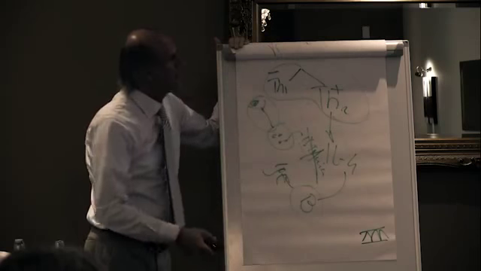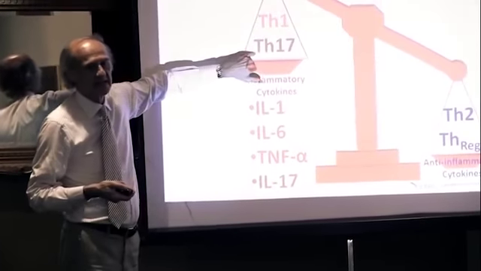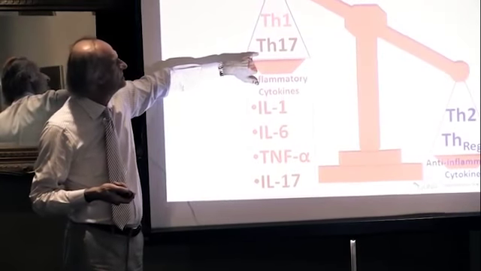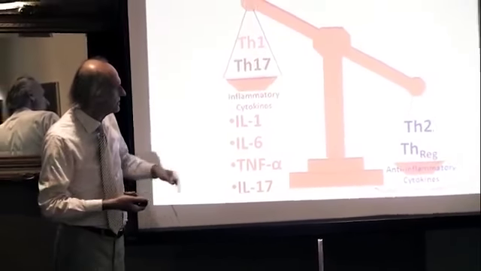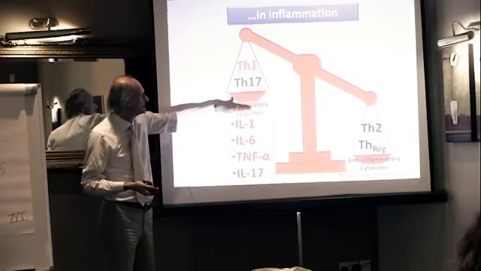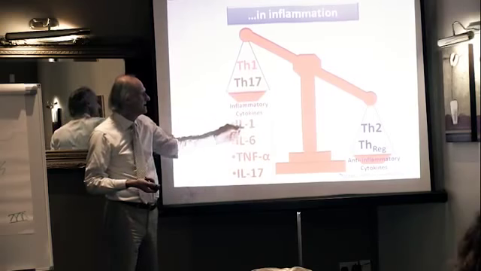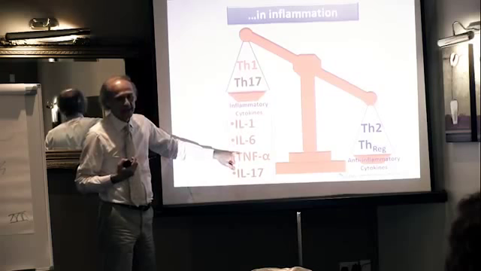The opposite of allergy is inflammation. In inflammation, this is the picture. Th1 and Th17, if the etiology is autoimmune, upregulated, Th2 and Treg downregulated. Since Th1 and Th17 are working too much, you can see too much pro-inflammatory cytokines.